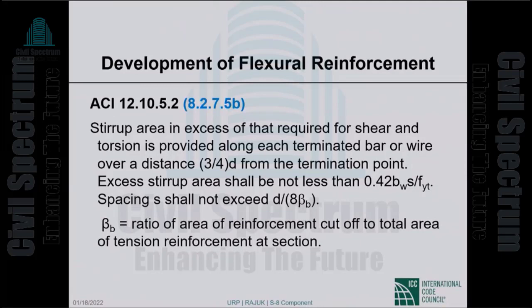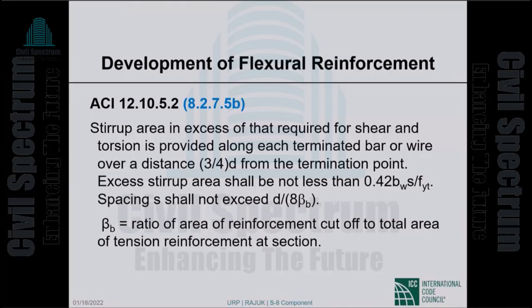Condition number two, much more complicated. Stirrup area in excess of that required for shear and torsion is provided along each terminated bar or wire over a distance 3/4 of d from the termination point.